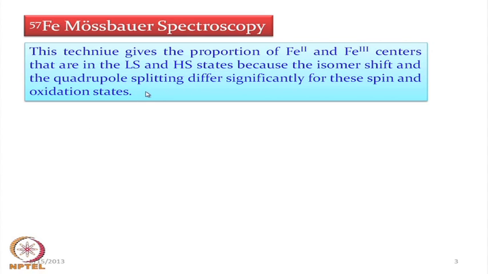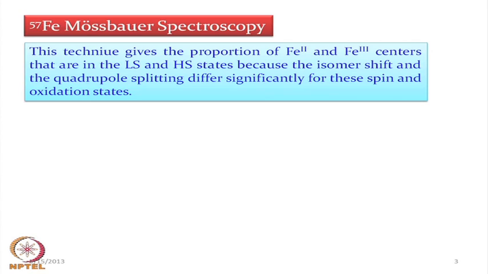We should have the corresponding signature in Mossbauer spectroscopy, and it can be found out whether all 4 systems, that means iron 2 low spin or high spin and iron 3 low spin or high spin, are present, because in all 4 species the isomer shift and quadrupole splitting are the 2 valuable parameters to judge a particular Mossbauer spectrum.